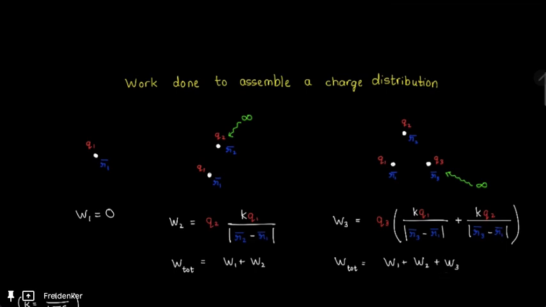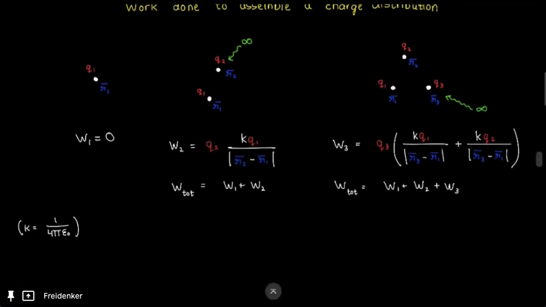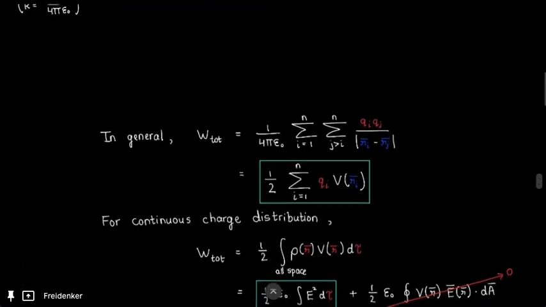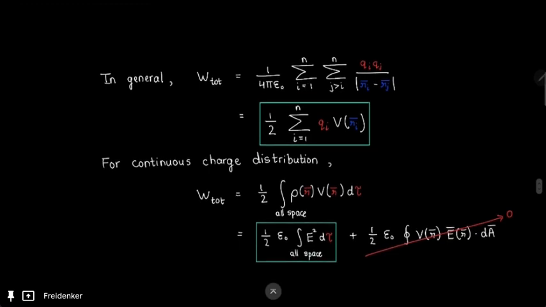Let's say you have n charges and you want to assemble n discrete charges. What is the total work done? If you look at it, it is given by this big formula. After some simplification, it turns out to be this formula. What does this mean?